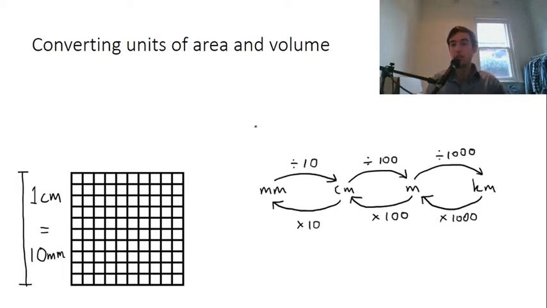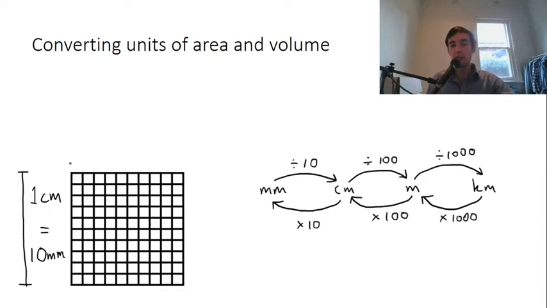So you might be thinking, if you have watched that previous video, it looks like the same chart, maybe we just do it the same way. If I want to convert from centimeters squared to millimeters squared, I just multiply it by 10. And that's unfortunately not quite the case.